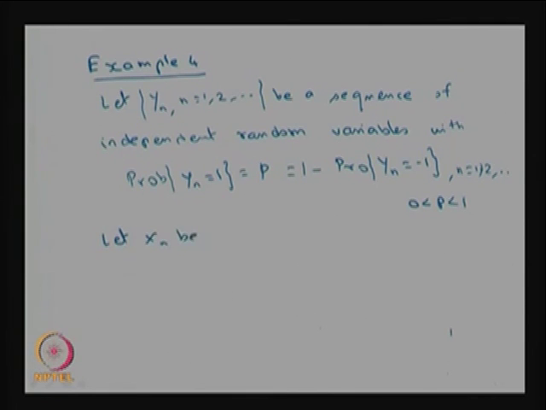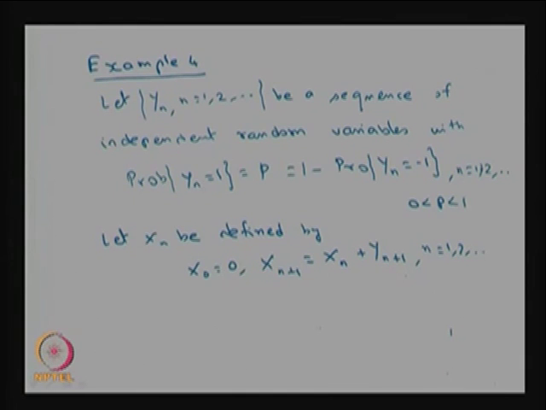Let X n be defined by X naught is equal to 0, whereas X n plus 1 onwards is X n plus Y n plus 1 for n is equal to 1, 2 and so on. So, we are defining another random variable X n with X naught equal to 0 and X n plus 1 equal to X n plus Y n plus 1.